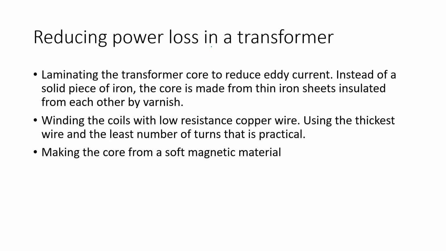Essentially, another way we could reduce power loss is by using a very low resistance wire. The less resistance you have, the easier current is able to flow. The higher the resistance, the harder it is for current to flow, and that creates a lot of heat. So if you reduce the resistance, which is the opposition to the flow of charge, you will literally be reducing heat and so forth.